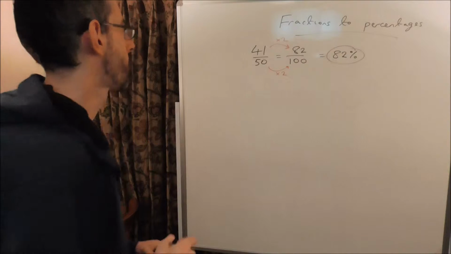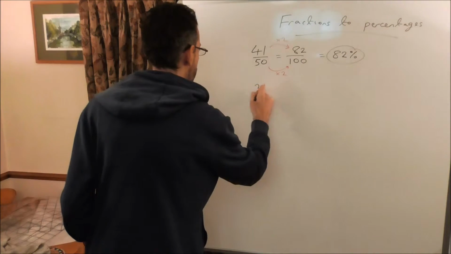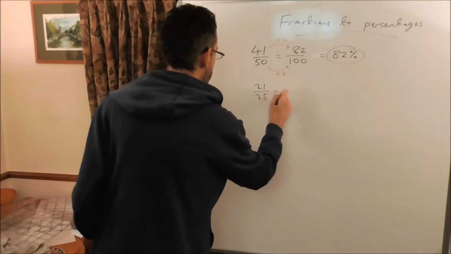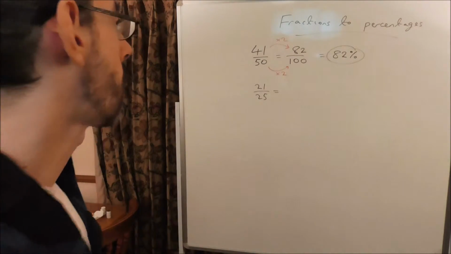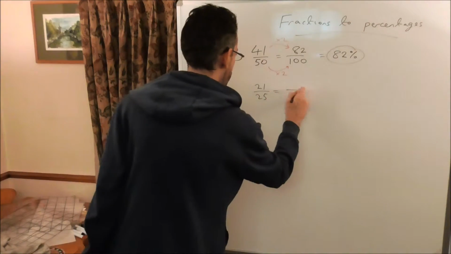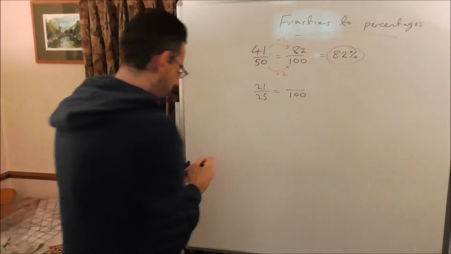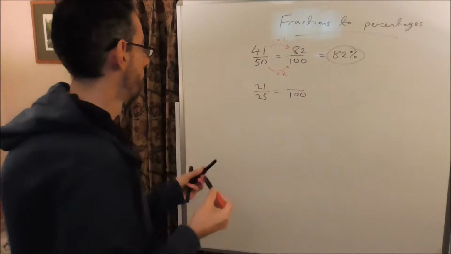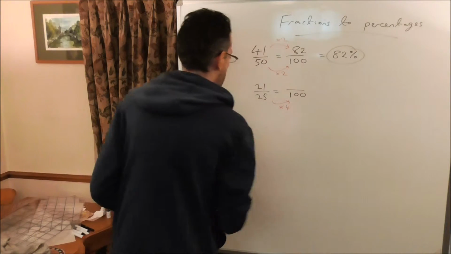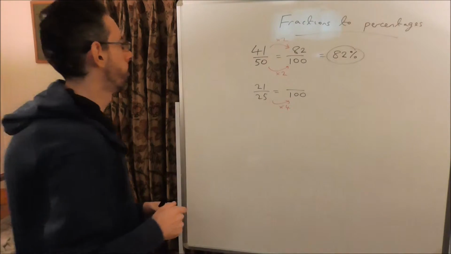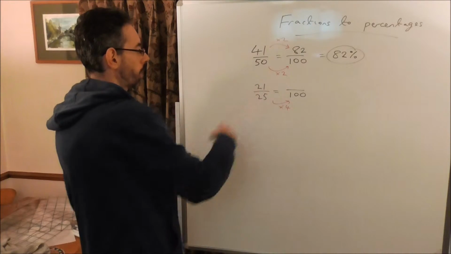Let's do a few more. So let's say you got 21 out of 25 in a test. Let's change that into a percentage. Again, we can get it out of 100 because 25 goes into 100 4 times. So 25 times 4 is 100. And to get an equivalent fraction, we've got to do the same to the numerator.